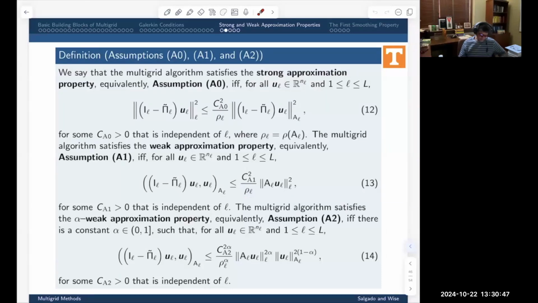So the multigrid algorithm satisfies the alpha-weak approximation property, also called assumption A2, if and only if there is a constant alpha, which is between 0 and 1, not including 0, such that for all UL in R^NL and every level, I minus pi L tilde, so this is the error in the coarse grid Ritz projection, times UL against UL in the AL inner product is less than all this jazz.